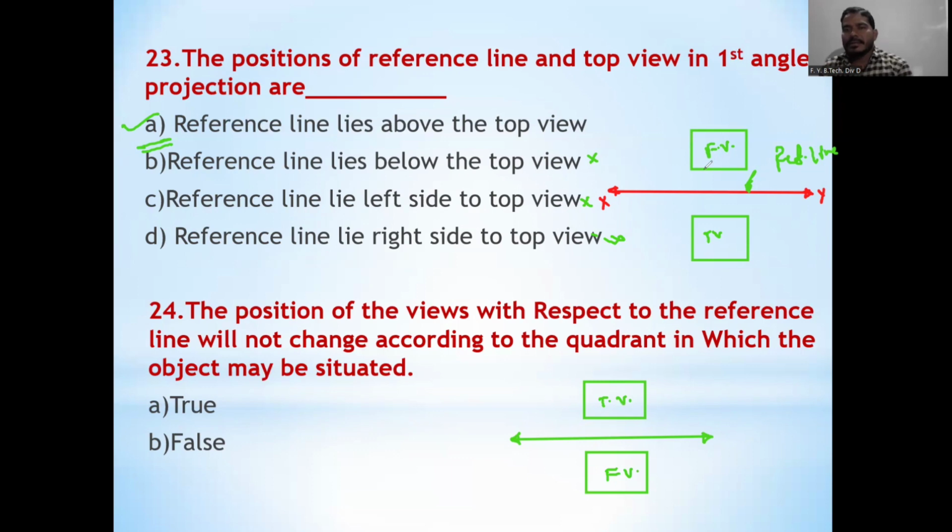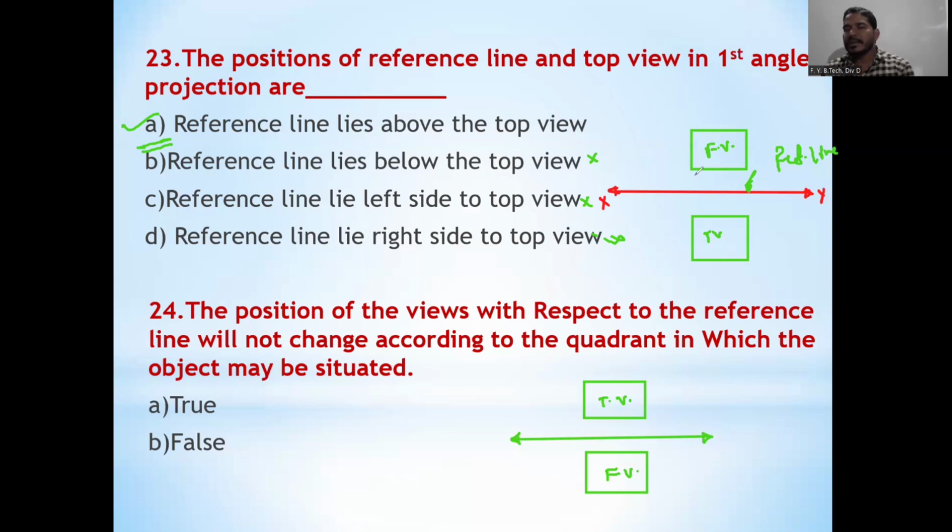Suppose it is kept in the first quadrant, then the front view comes above the XY line, above the reference line. And suppose the same object is kept in the third quadrant, at that time the front view comes below the XY line. That means as per the location of the object, in whichever quadrant we keep it, the position changes.